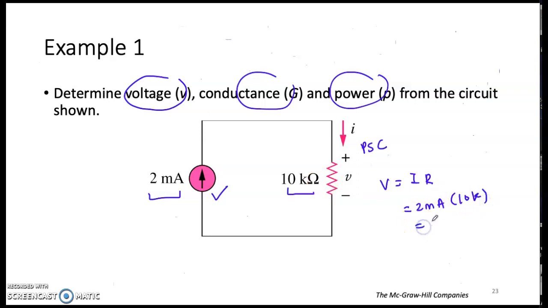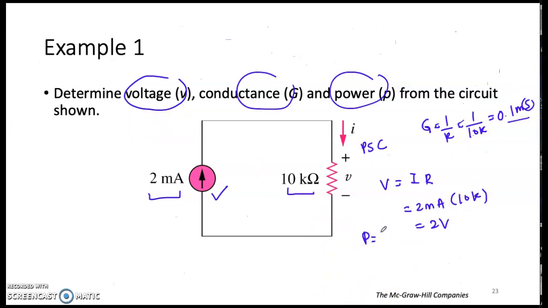So you can get 20 volt. Okay, what is the conductance here? G is 1 over R, meaning 1 over 10K. So 1 divided by 10K, and you can get 0.1 milli. The unit is Siemens. Okay, the last one, what is power?